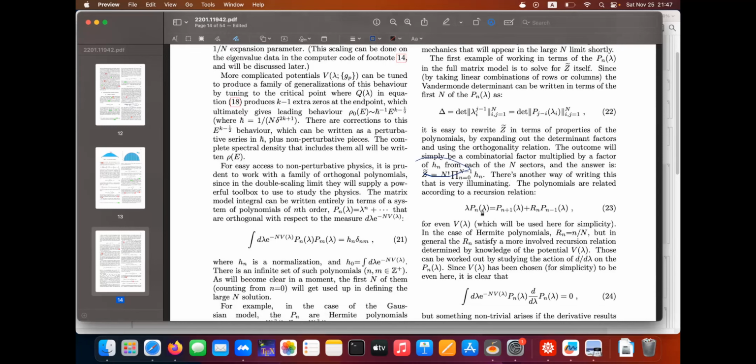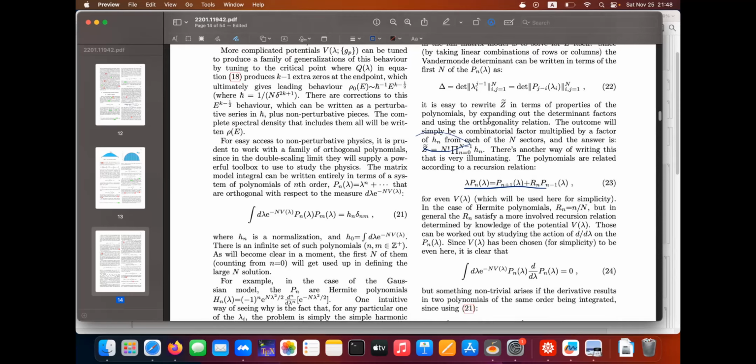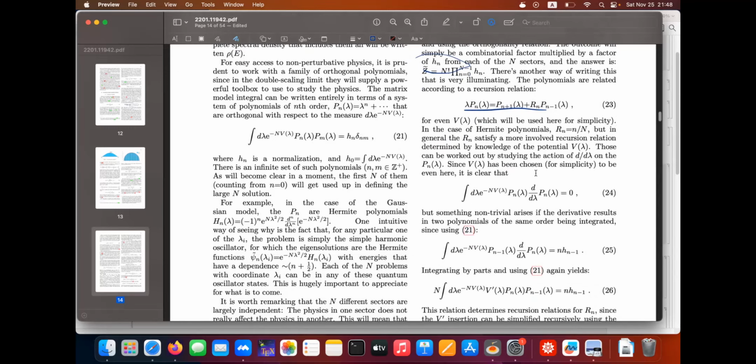Okay, the recursion relation is useful. Then our target is calculating Rn. Why? That's because the partition function can be written in a form in terms of Rn, not Hn.